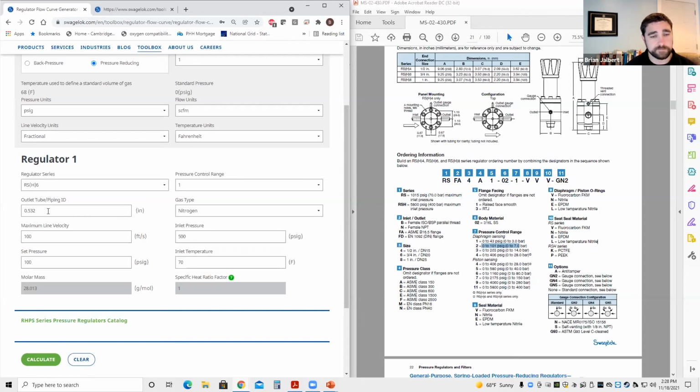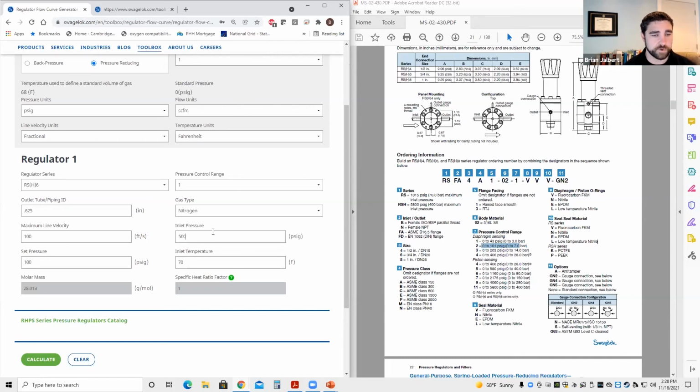So if you're using 3/4, let's say 065 wall tubing, it's going to be approximately 0.625. You can actually adjust the outlet ID, and that will give you a little bit less velocity downstream. And I'm going to demonstrate on the next curve.